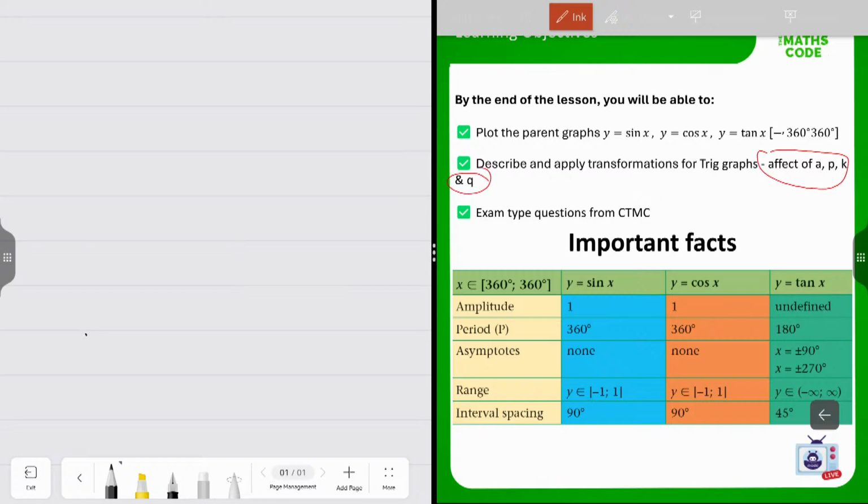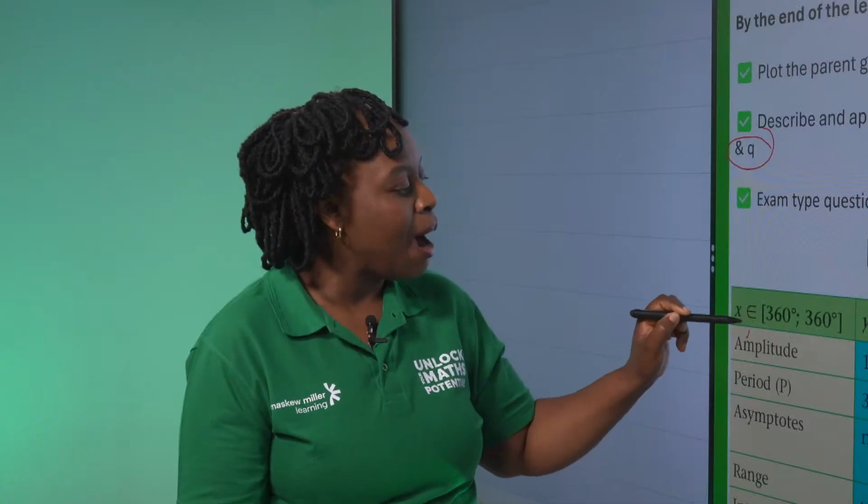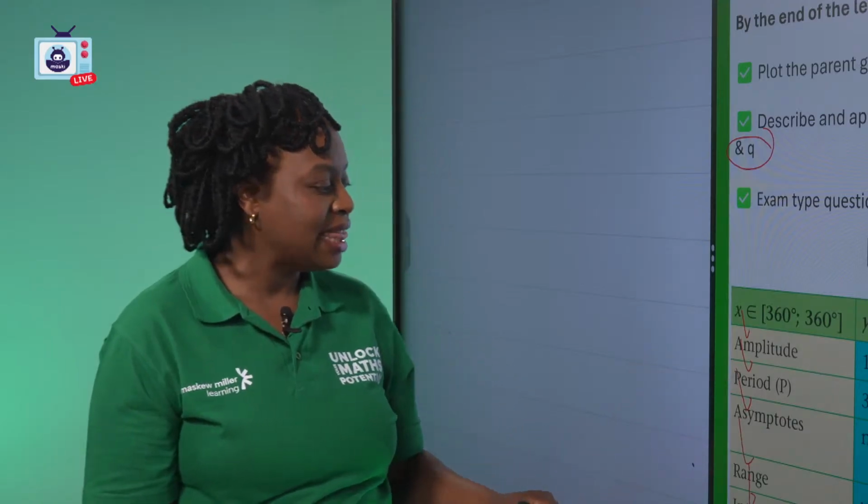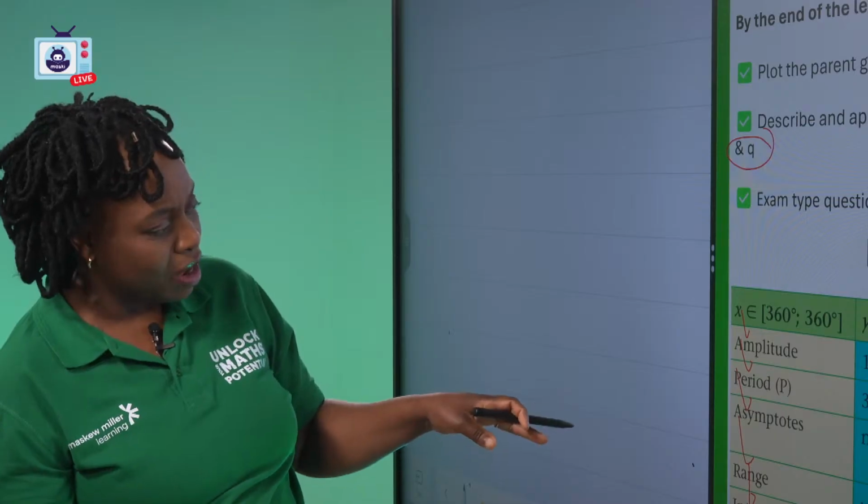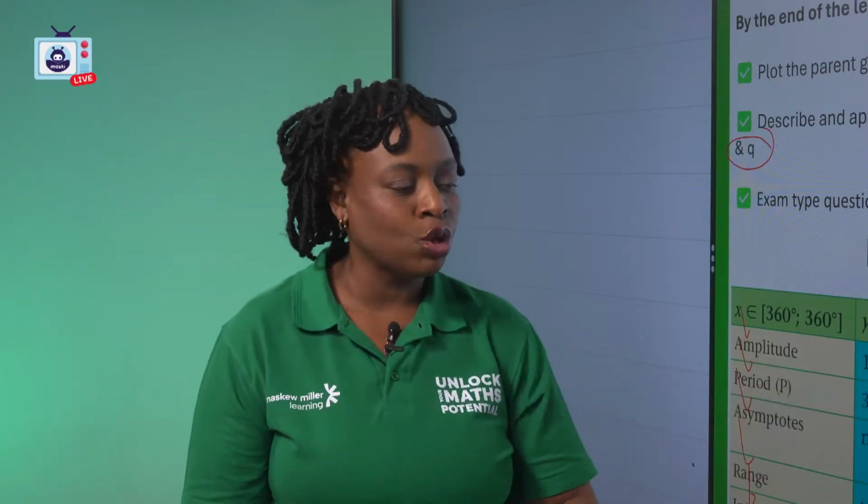So the parameter A, the parameter P, and K, as well as Q. This is very important for us to learn, and to understand the meaning of the amplitude, the period, the asymptote, the range, as well as the interval. Okay, so the period is also there as well.